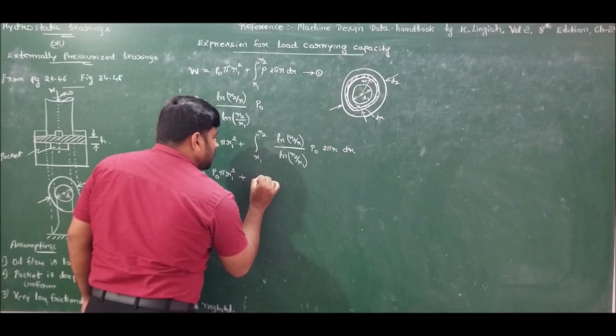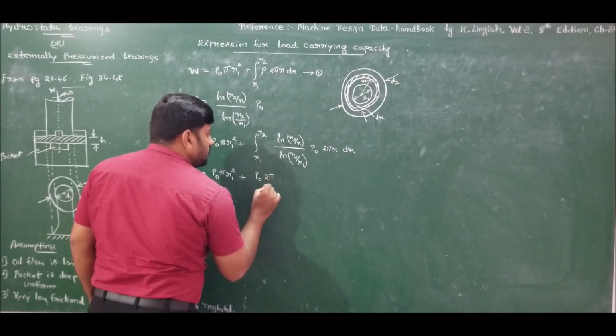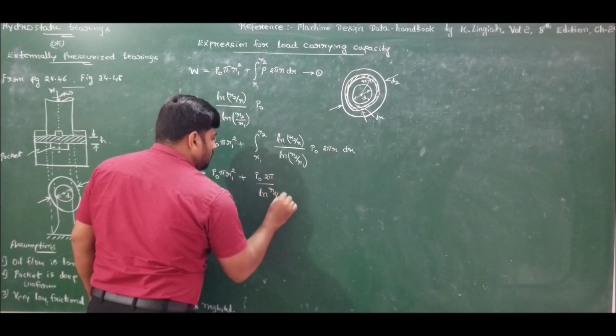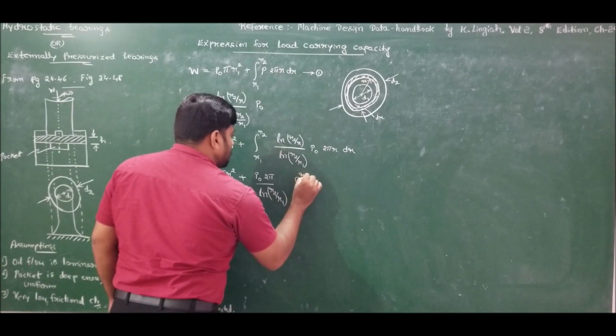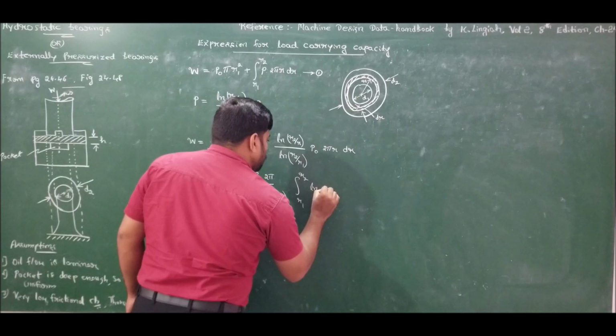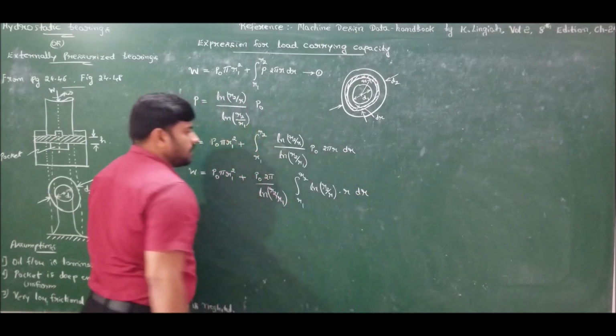So if I take out the constants, we have p naught 2 pi divided by ln of r2 by r1. I should integrate this equation from r1 to r2, that is ln of r2 by r into r dr. Correct?